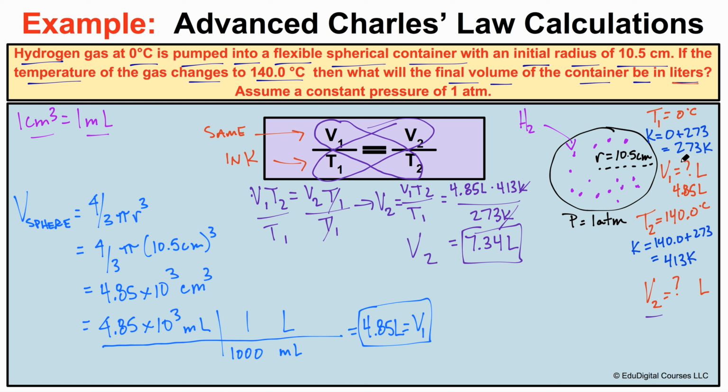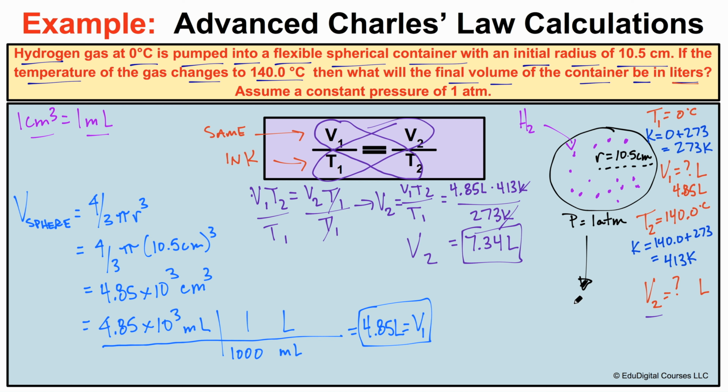So what should happen to the volume? The volume shouldn't quite double either. And if we take a look, the initial volume here was 4.85 liters, and it's not quite doubling. It's at 7.34 liters, the final volume. So what is the final volume of this container going to be?